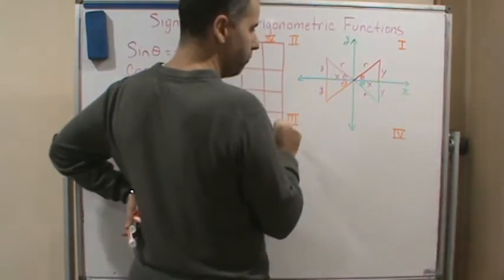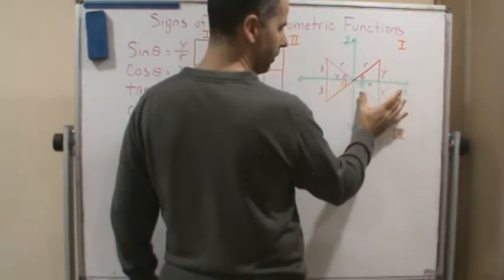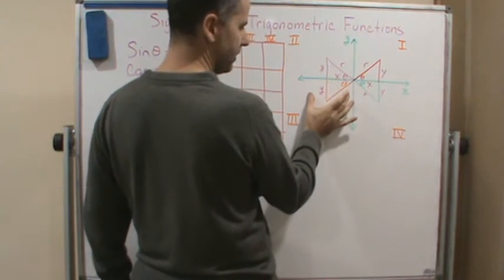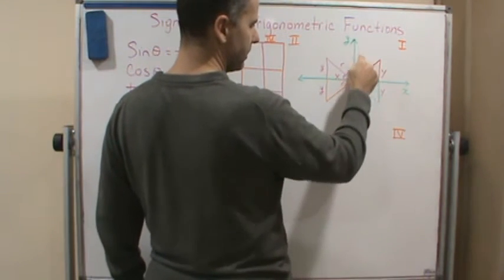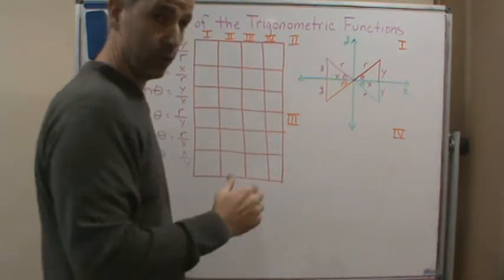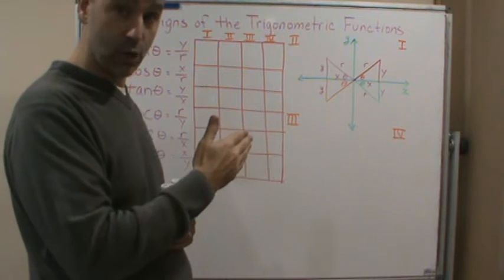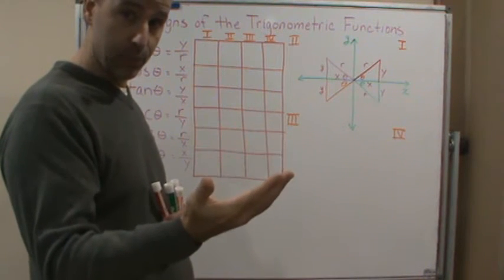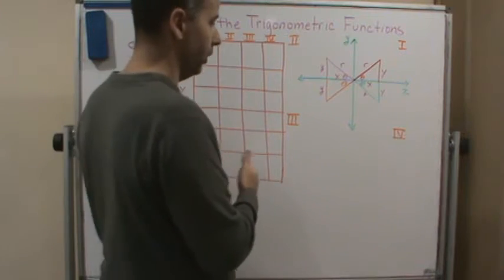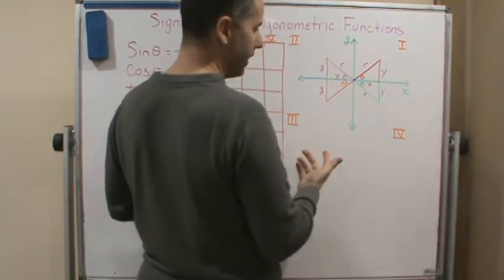Now, look at the Cartesian plane. We know this is the positive x-axis, this is the negative x-axis, this is the positive y-axis, and the negative y-axis. So there are negative and positive values of x and y depending on where the terminal side of the angle goes. If you're in the first quadrant, x and y are both positive.